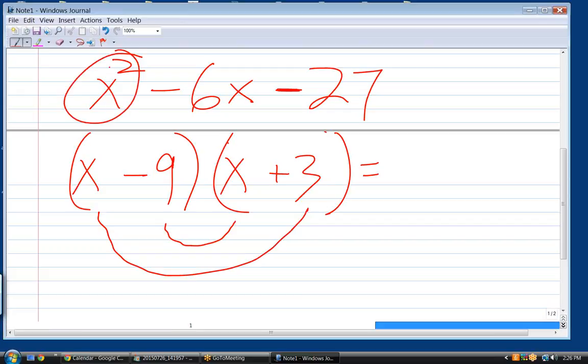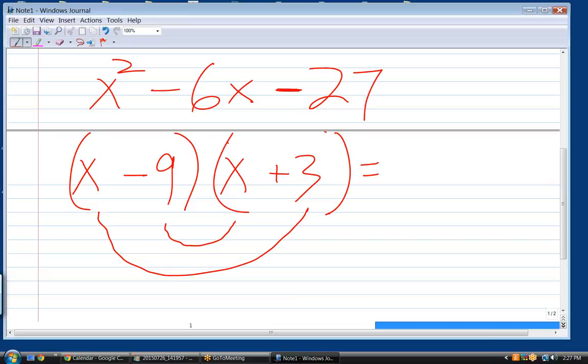It's not that hard to separate x squared into x times x, and I did this by taking factors of 27. The only term I really need to check is that middle term. Is it minus 6x? I don't need to do the whole FOIL. I just need to do the I and the O.